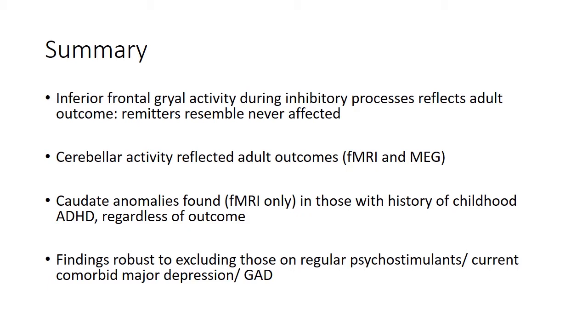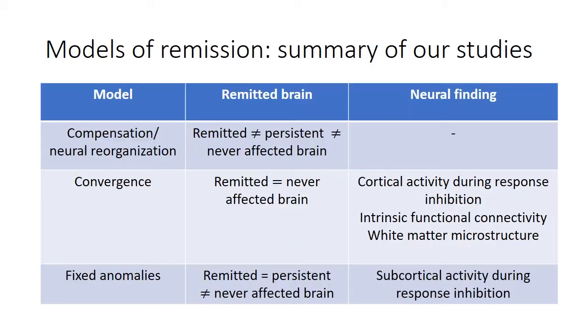By contrast, caudate anomalies using fMRI reflected childhood history, not adult outcomes, being present in both remitters and persisters. I'll note that these findings survived the removal of those who were currently taking psychostimulants and the exclusion of those with current mood and anxiety disorders.